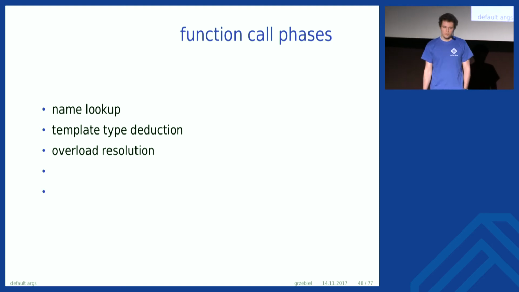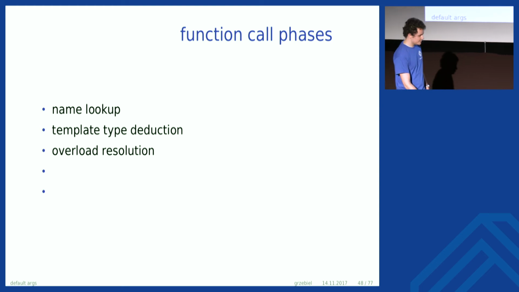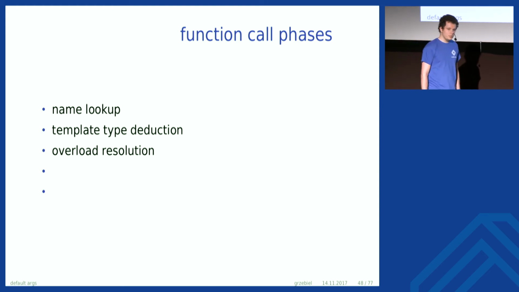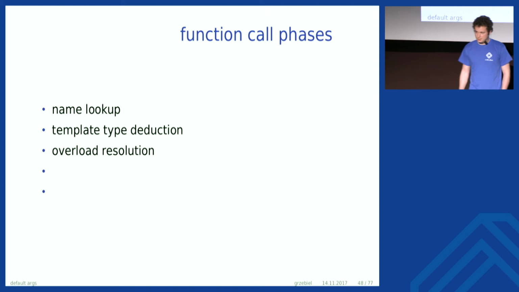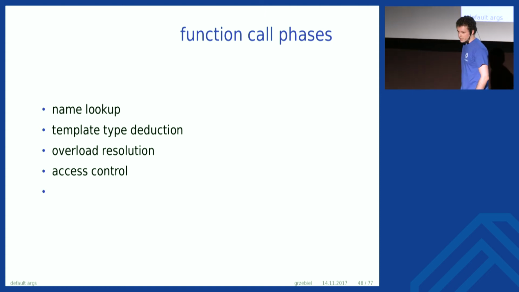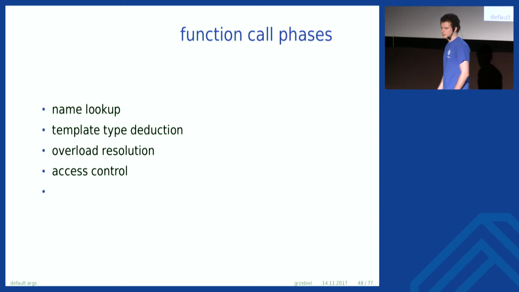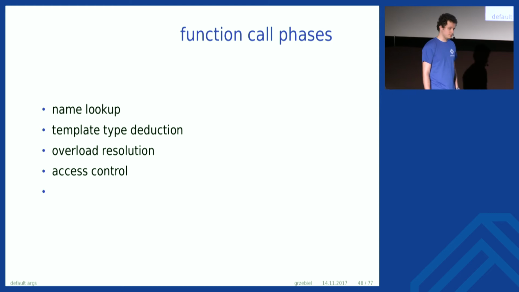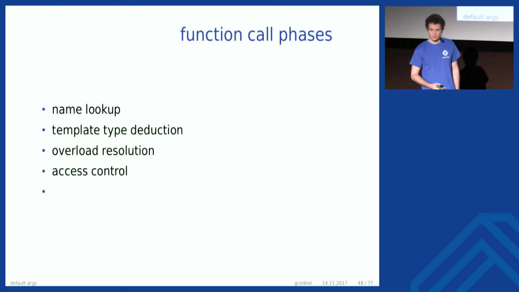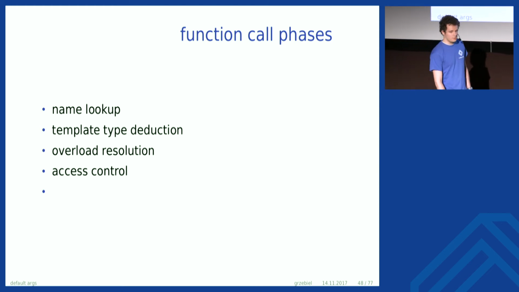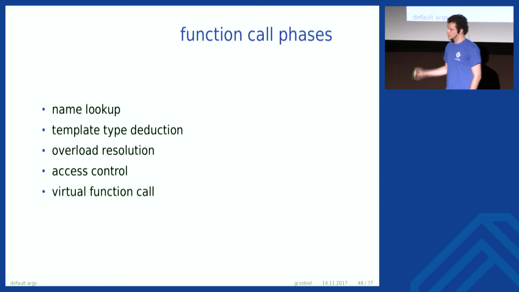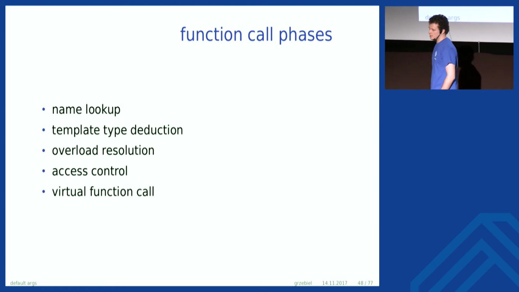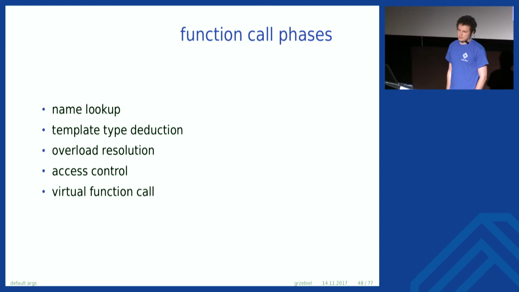Then we need to perform overload resolution, and there is a set of rules which overload should be picked in a specific scenario. After overload resolution, we need to check if we found the best function to call. We need to check if we have access to that function, so if the function is public, private or protected, and we have a right to call that function. And after all these steps, the virtual function call takes place.